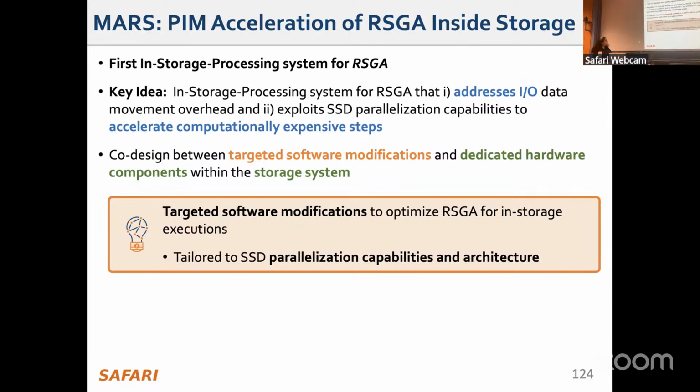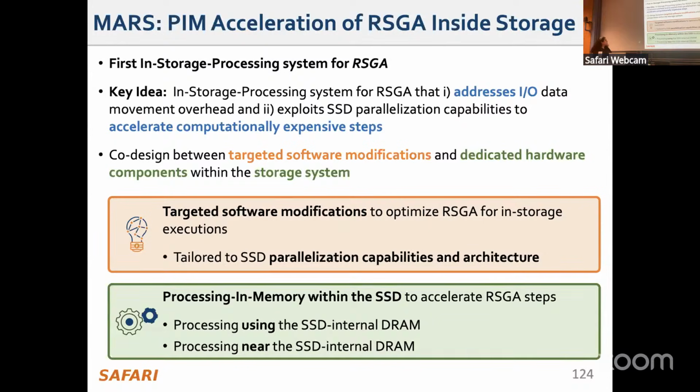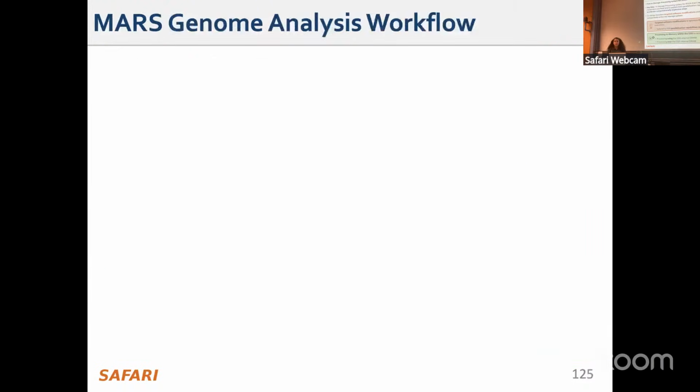Again, what we were also doing before, but in new ways based on features of this algorithm. It also enables processing in memory within the SSD to accelerate the RSGA steps, so it leverages processing using the SSD's internal DRAM and also near the SSD's internal DRAM.